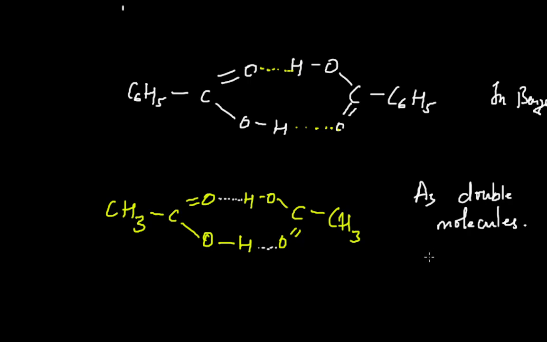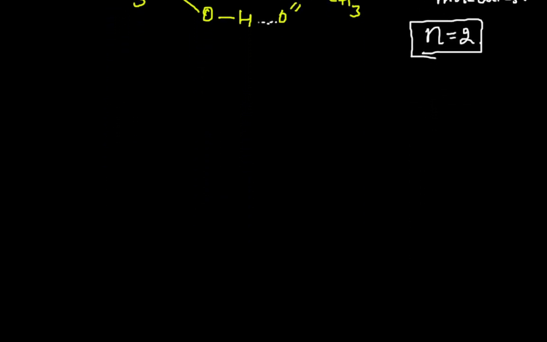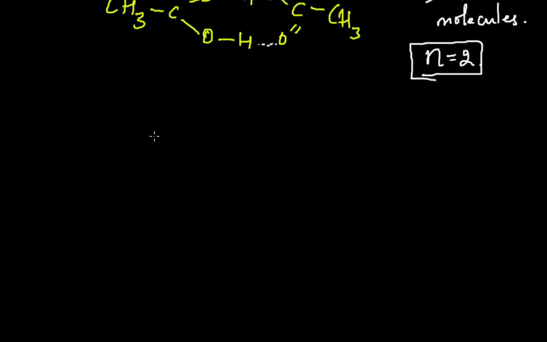So here n was calculated to be 2. How did we calculate n? How do we know this n is equal to 2? This comes from our experimental method. We know that the concentration C1 divided by the nth root of C2 is Kd. For different concentration terms, the distribution coefficient is constant.